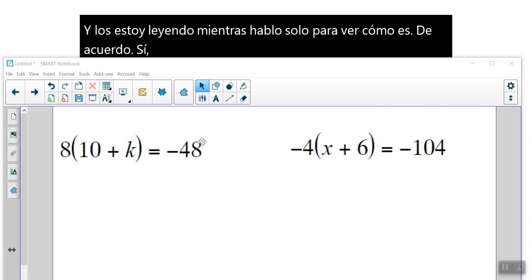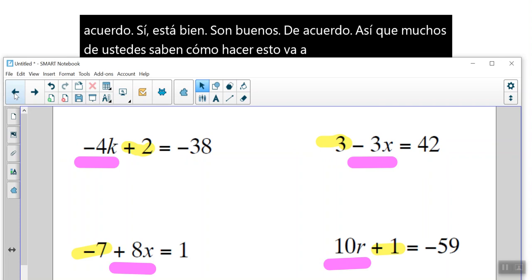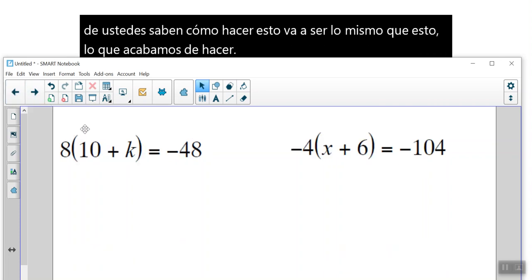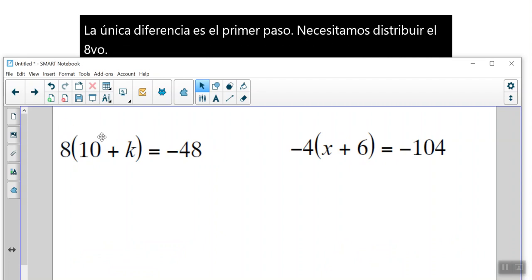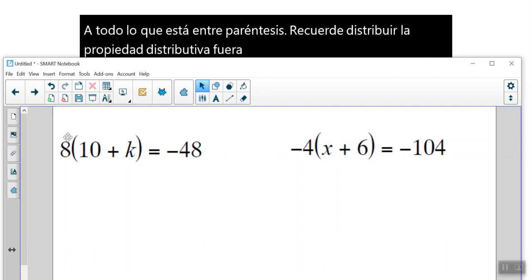Alright, so a lot of you know how to do this. This is going to be the same as what we just did. The only difference is the first step: we need to distribute the 8 to everything in the parentheses. Remember the distributive property, whatever is outside the parentheses, we can distribute inside.